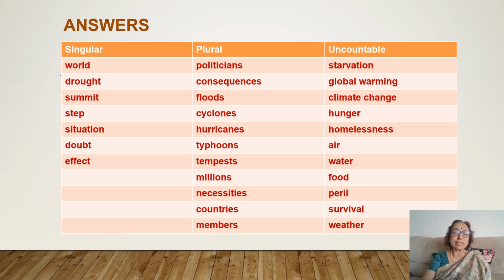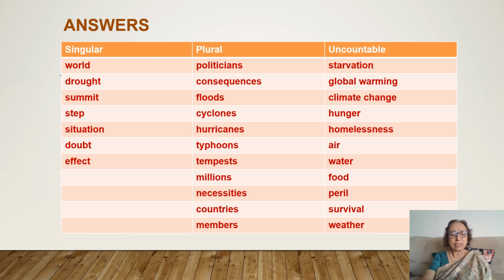In a high-level summit, summit goes to the first column, singular. About weather, weather goes into the uncountable column. Many members showed disinterest in taking any concrete step. Step goes into the countable singular column to help the situation. Situation also singular.